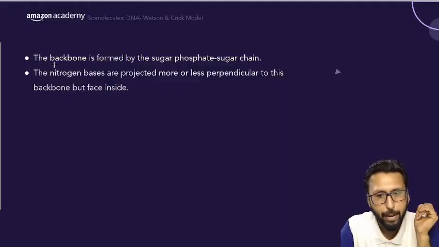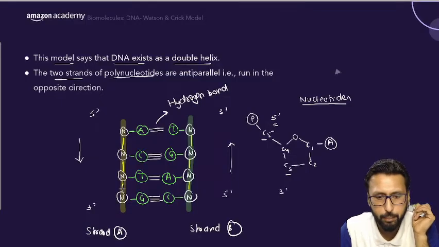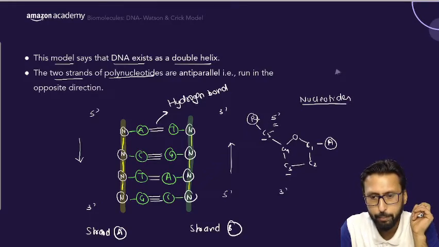The backbone is formed by the sugar-phosphate-sugar chain, as I have shown you. This is the backbone, which has the pentose sugar and the phosphate. So we have phosphate, we have sugar, and again a second pentose sugar here.